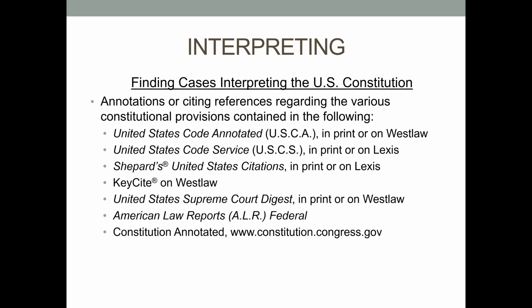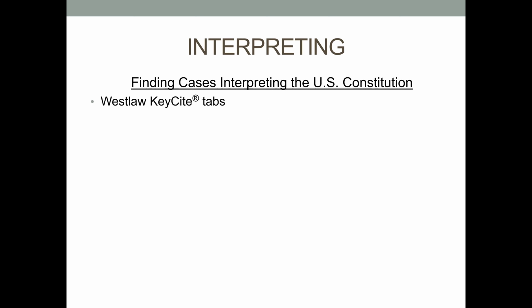Now, there is a site online for free called Constitution Annotated, as I mentioned earlier. It's at constitution.congress.gov, where you can see not only the text of the Constitution, but also information about cases that have cited or interpreted or applied the provision you're interested in.